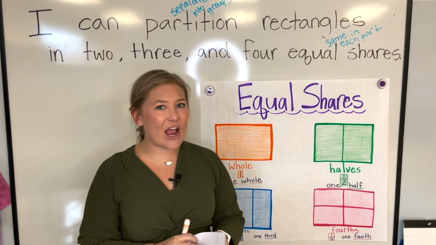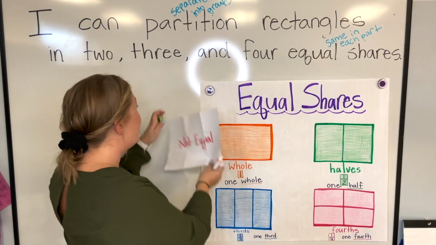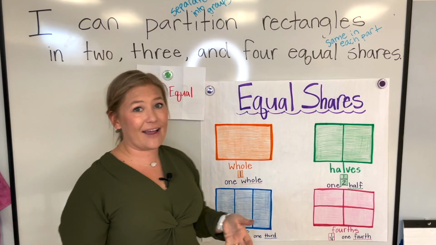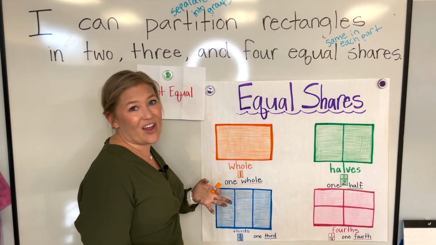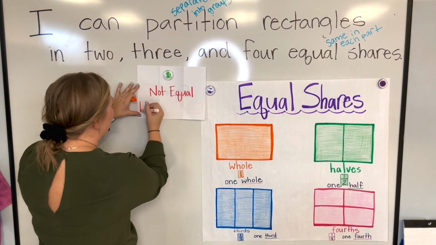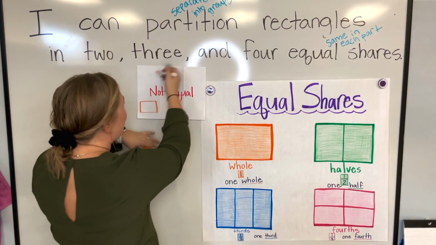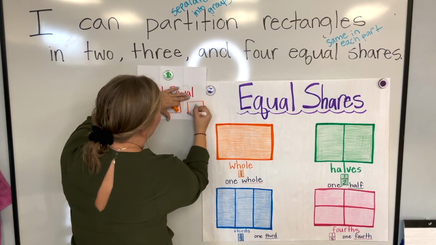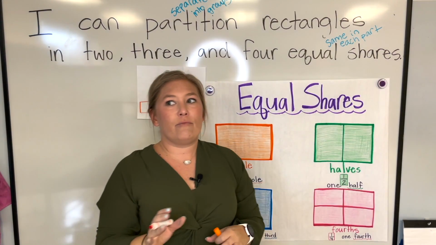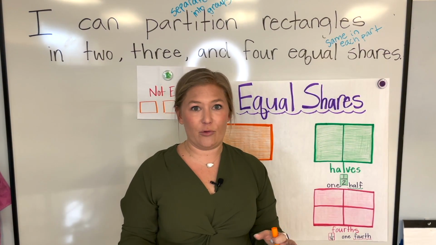For your extra challenge, I want you to turn your page over to that not equal side. And on that not equal side, you get to kind of do something fun, right? You're gonna draw 3 more rectangles. Again, they can be at the bottom, at the top, doesn't really matter. And this is where you are gonna draw rectangles that don't have equal shares.